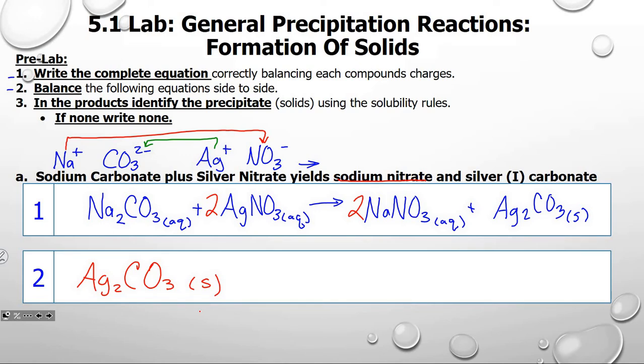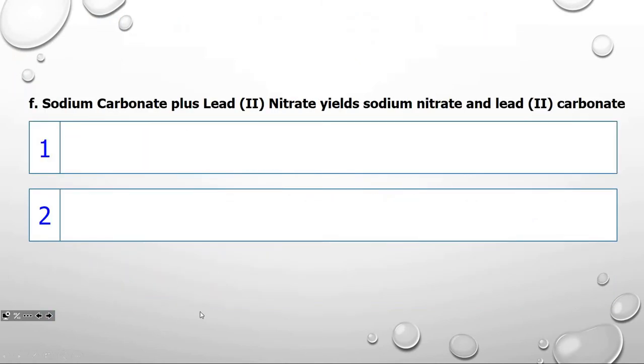We're not going to go right in order, so I'd like you to find F. We're going to do F. So find F. Okay, we've got sodium carbonate again, so we're going to do Na plus and CO3 2 minus.